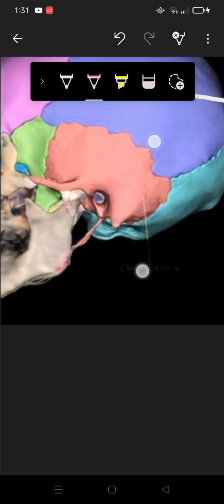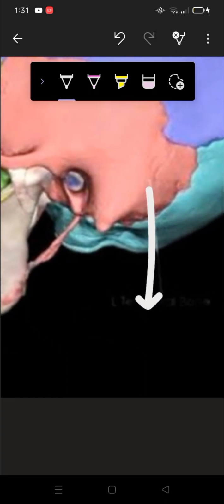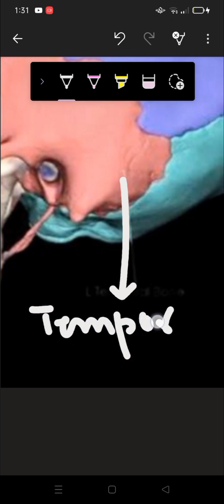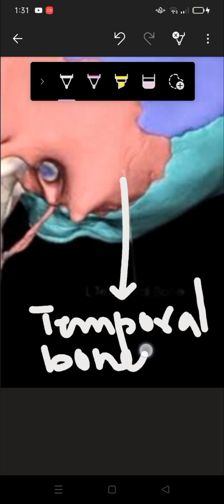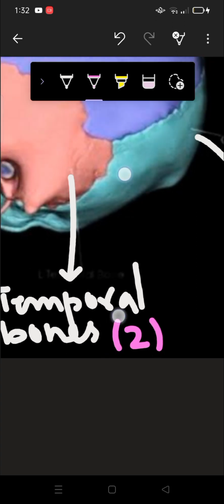Then we have the temporal bones, and these are 2 in number. So here I am writing 2 in number.